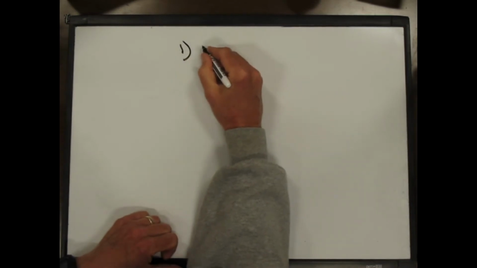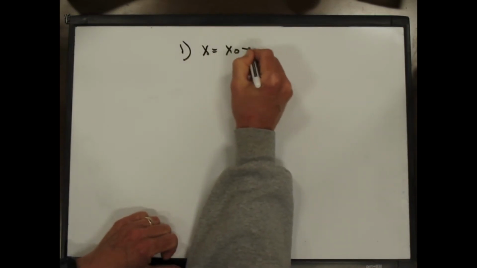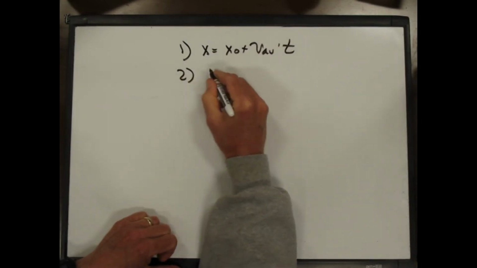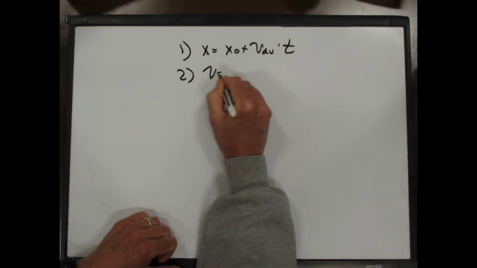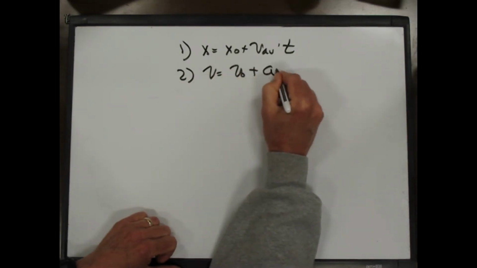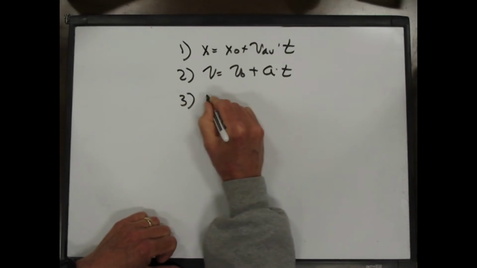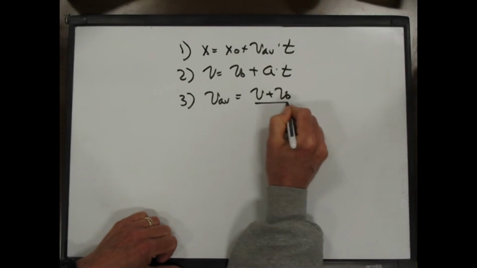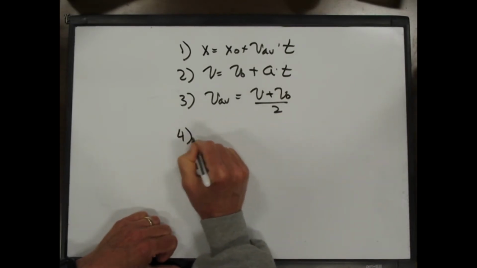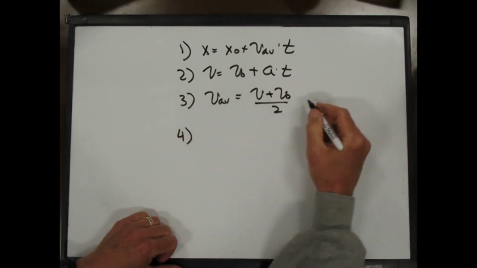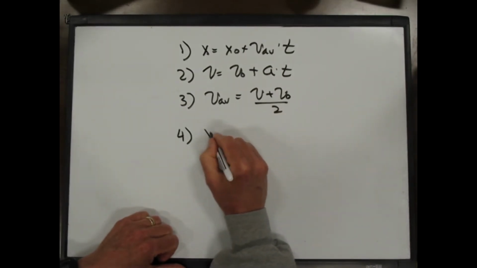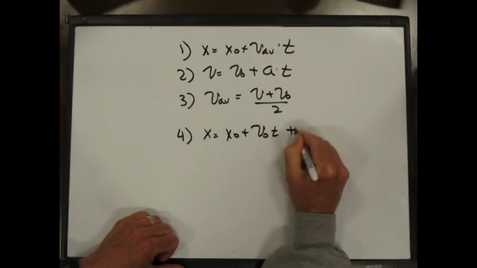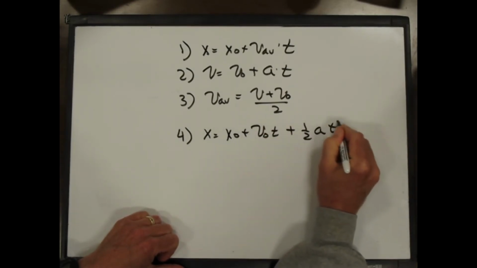The first 3 were the ones we started with. 1 is x equals x naught plus v average times time. 2 is v equals v naught plus the acceleration times the time. 3 is v average is equal to the initial velocity plus the final velocity divided by 2. 4, that's just the definition of the average, assuming the constant acceleration. x equals x naught plus v naught times time plus 1/2 a times t squared.